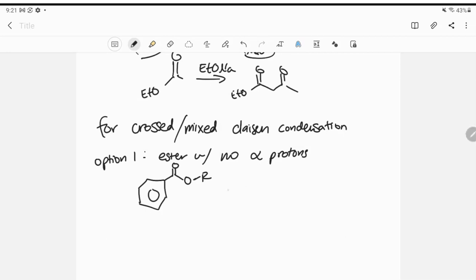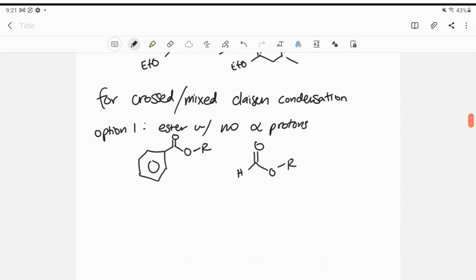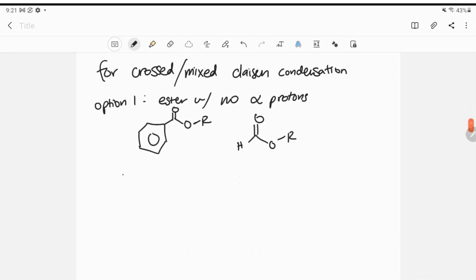You can also do a formate ester, so formaldehyde ester. If you have one of these as one of your reagents, you can have it present, add your base in, then add your other ester slowly. So let's see what that would look like.